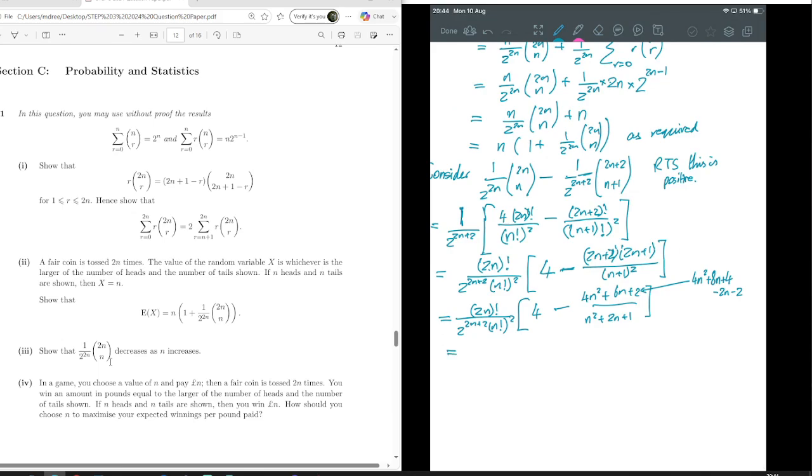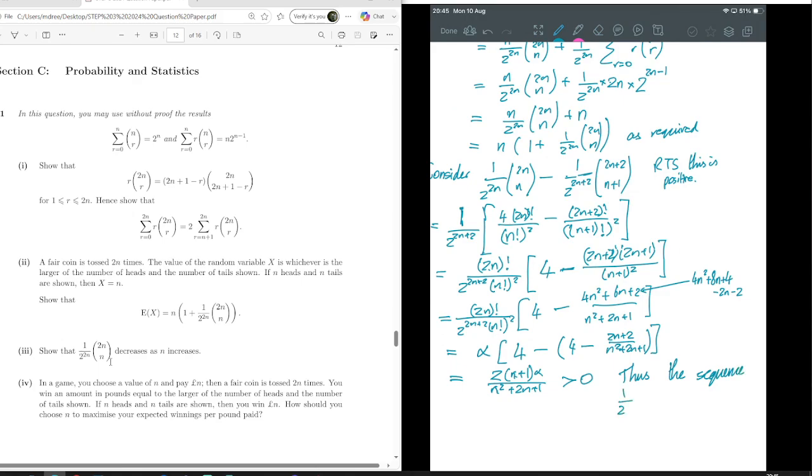So I've manipulated it to be the perfect form that I want it to be. So this is going to be equal to, don't really care what that is, 4 minus, I want a bracket, 4 minus 2n plus 1 over n squared plus 2n plus 1, which becomes, the 4's cancel, so this is going to be 2 lots of n plus 1 over, well, I could have cancelled an n plus 1 here, but that thing is strictly positive, thus the sequence, it hasn't really been defined as a sequence, but we do have a sequence.